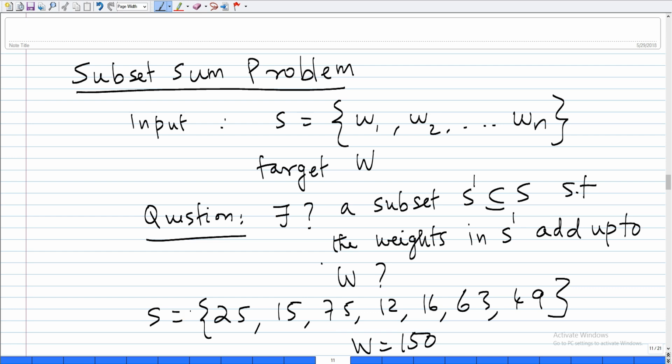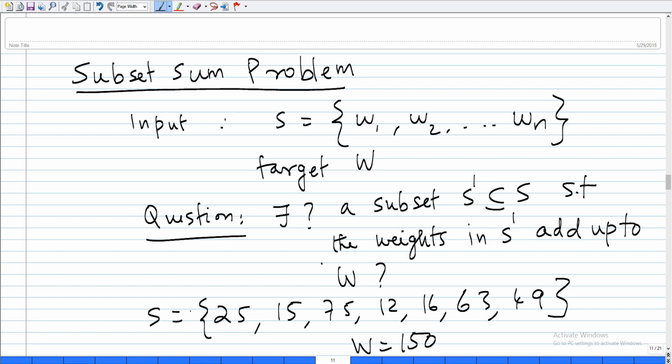So this is my set S, a set of some numbers, and my target weight is 150, and I ask, is there some subset here? Subset of these weights, if you add them all, they should add exactly up to 150. Is there some subset? 75, 12, 63 adds up to 150, right?